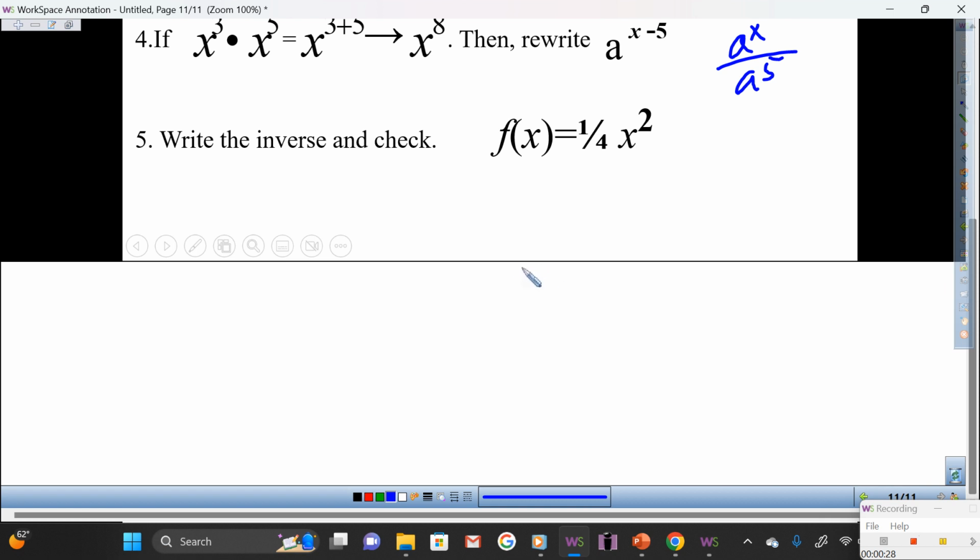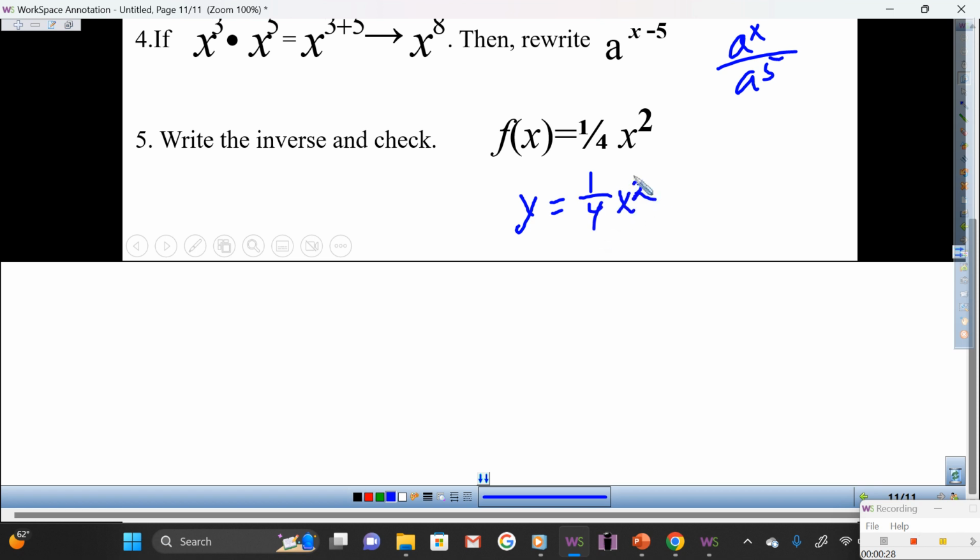What's our first step, Jaden? Very good. Set it equal to y. 1/4 x squared. You guys forgot already?